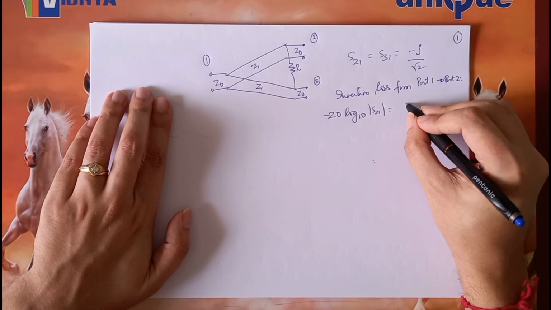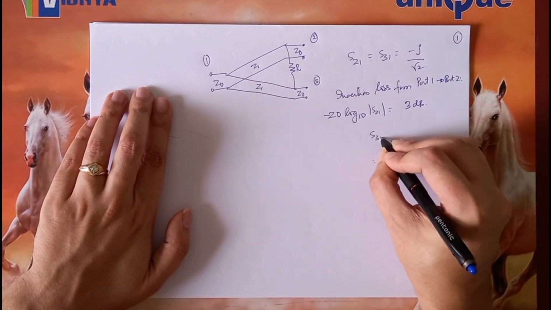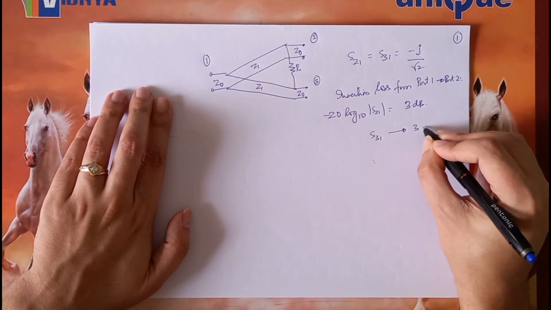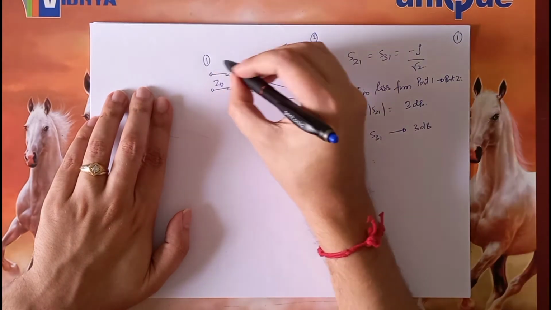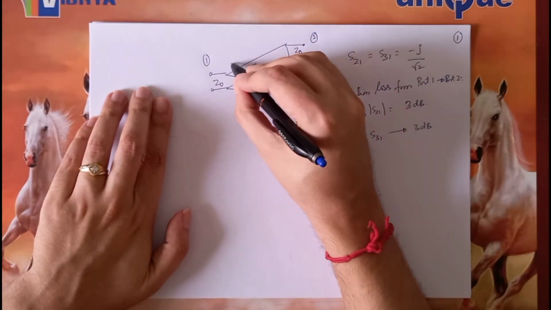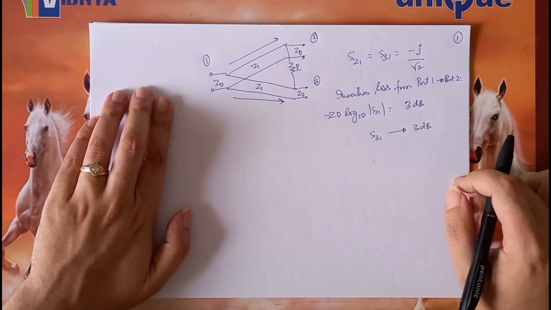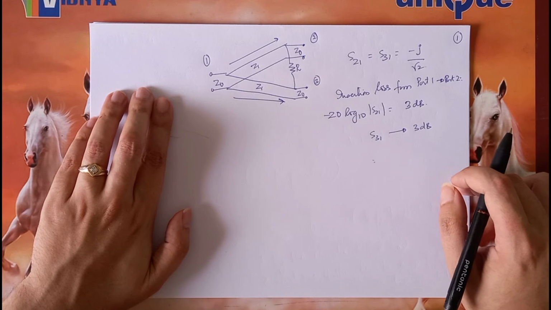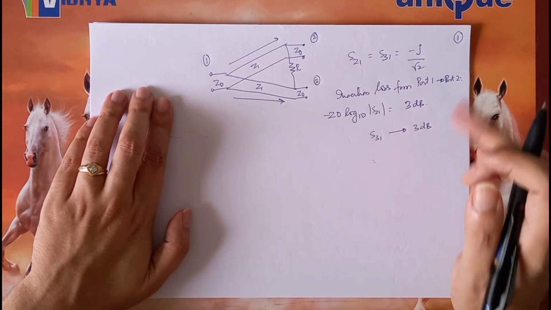That would be roughly about 3 dB. Likewise, I can talk about S31 also, that insertion loss will correspond to 3 dB. What we are seeing essentially is that the transmission coefficient at either side is around 3 dB. Well, the loss is 3 dB, so the transmission coefficient is minus 3 dB.